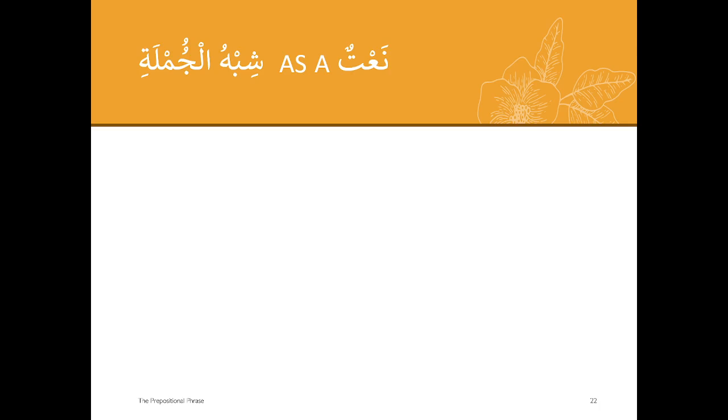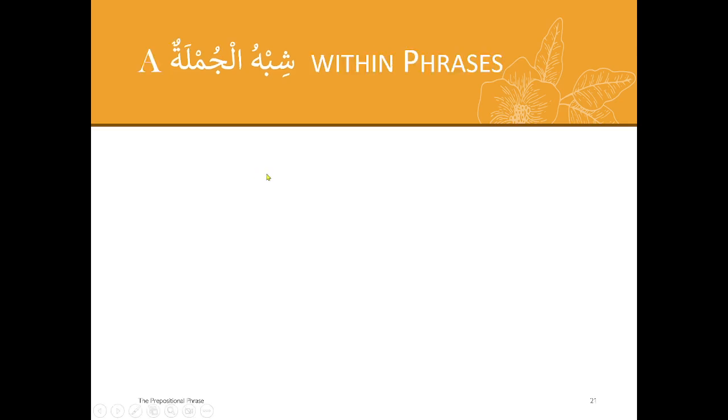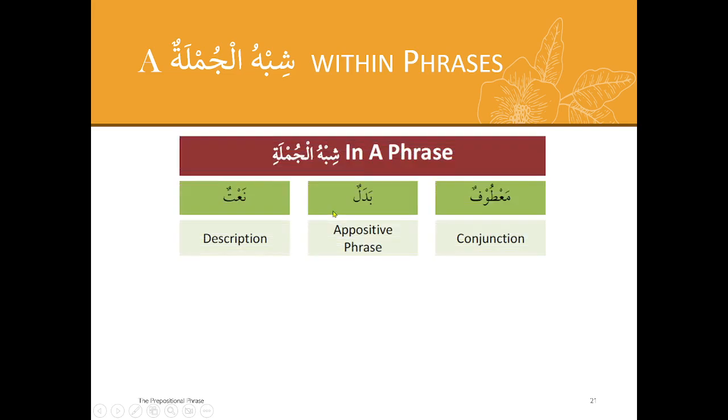Now we're going to look at how it behaves in phrases. When it is in a phrase, it can be ma'tufun or ma'tuf alayh. Badal, na'tun. I think we understand this.